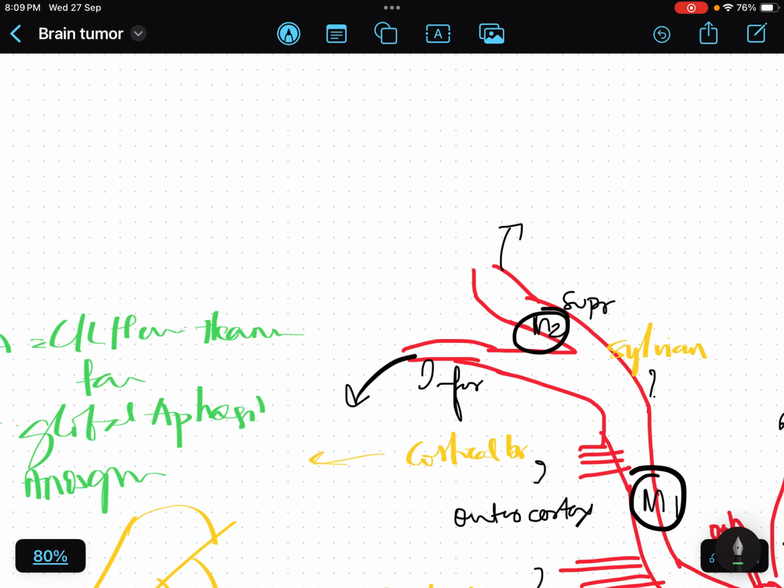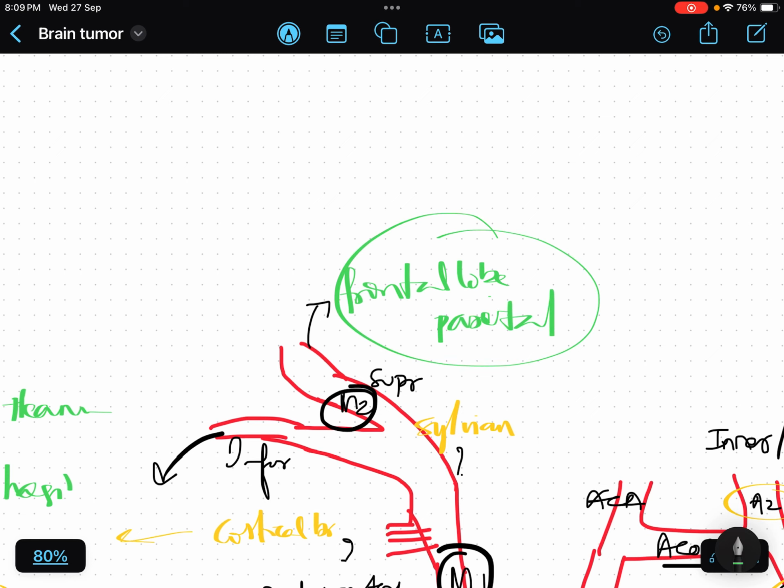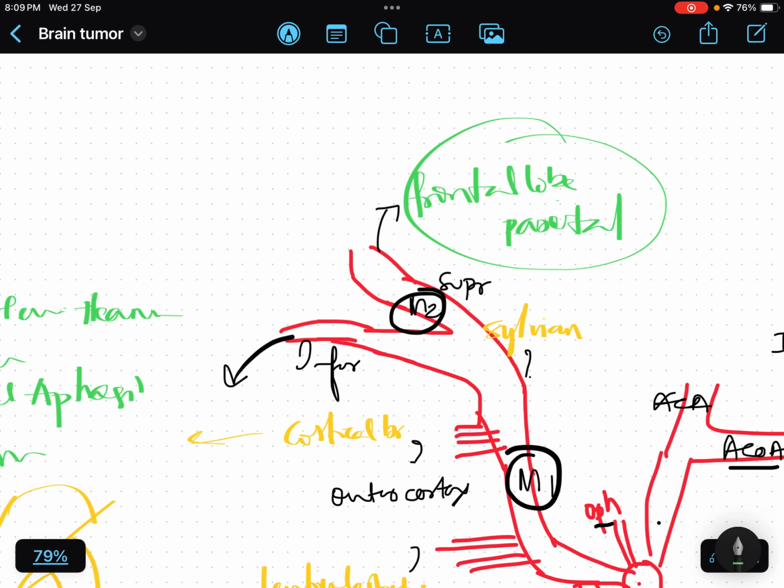M2 has superior and inferior parts. The superior part will supply the frontal lobe and parietal lobe, so this will be affected when the superior part is occluded. The inferior part of M2 will supply the inferior parietal lobe and temporal lobe.